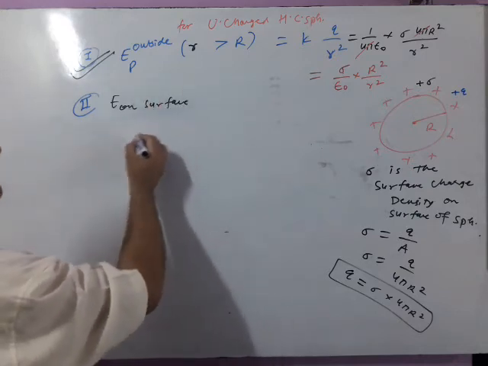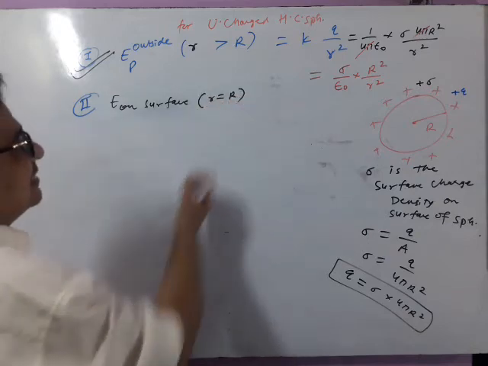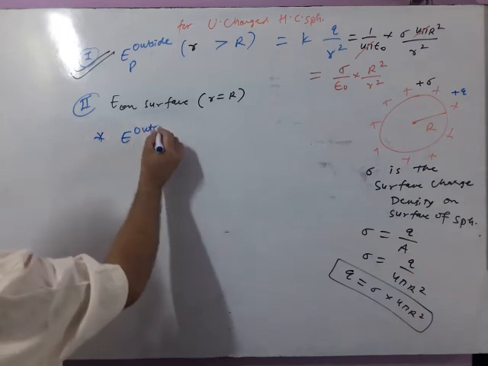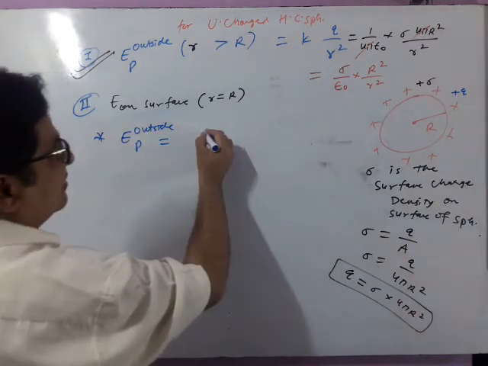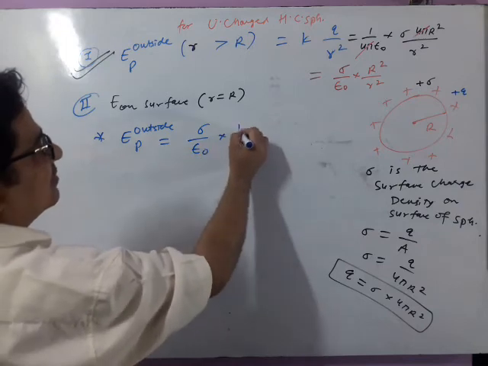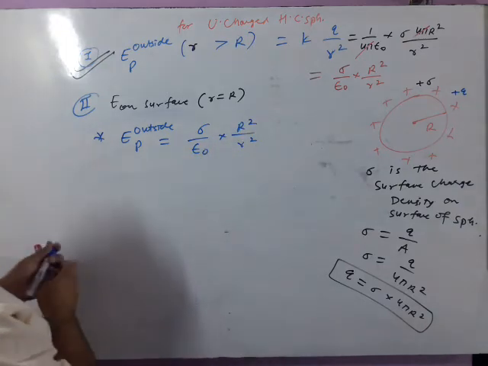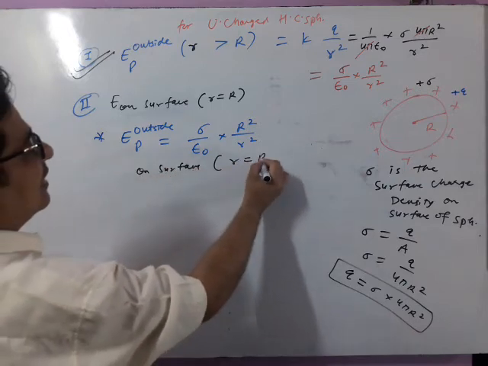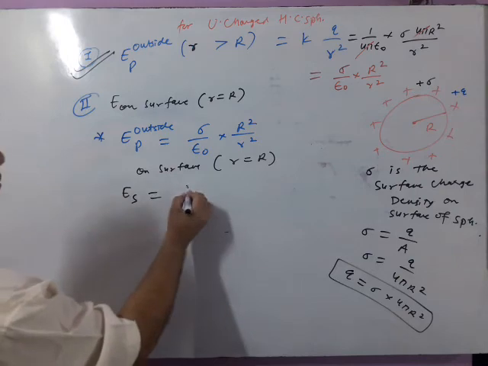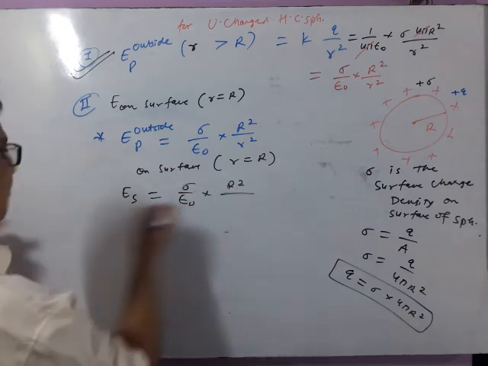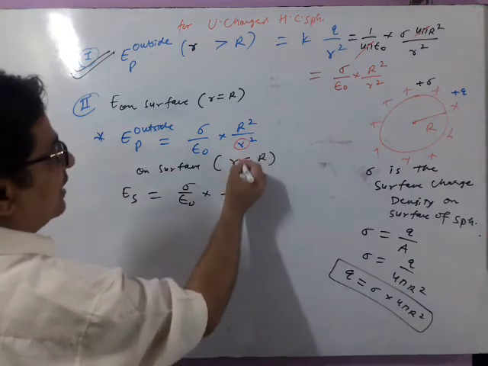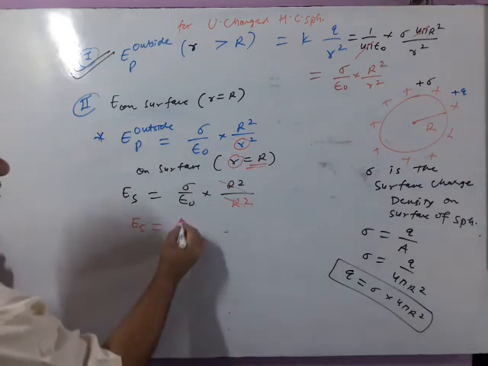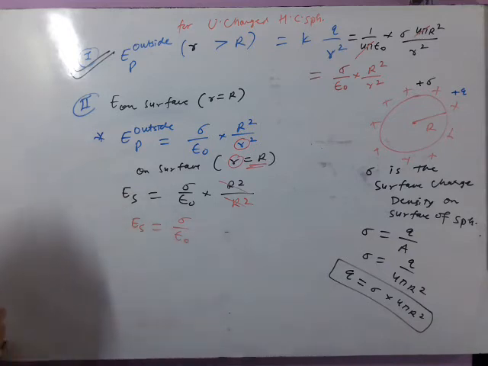You will say for the surface we are finding where r is capital R. Electric field outside at any point P is sigma by epsilon naught r square by r square. Then you will say on surface small r is equal to capital R. So put small r equal to capital R here. So r square will be cancelled. Electric field on the surface will be sigma by epsilon naught.